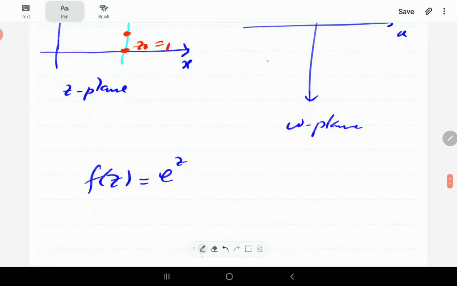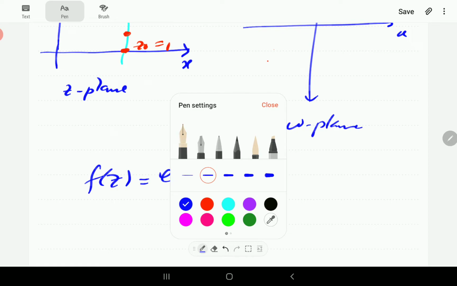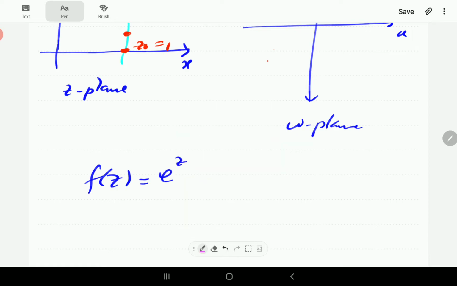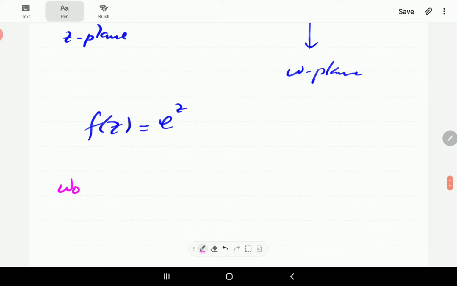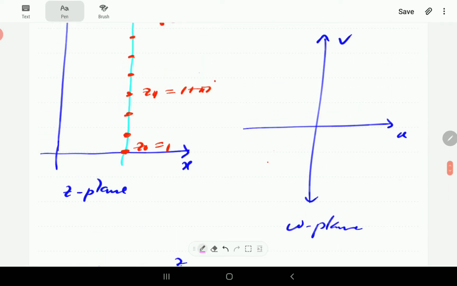So for each of these we simply plug in z and we get the image. For the image of z0, we're going to call it w0, we plug in z0, which is 1. So the image of z0 is simply e. e is just a real number, so we're going to put it there. That is w0.